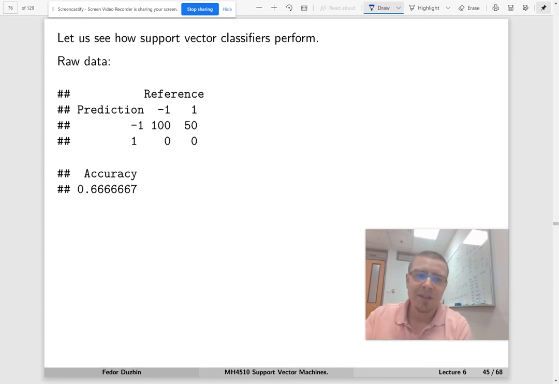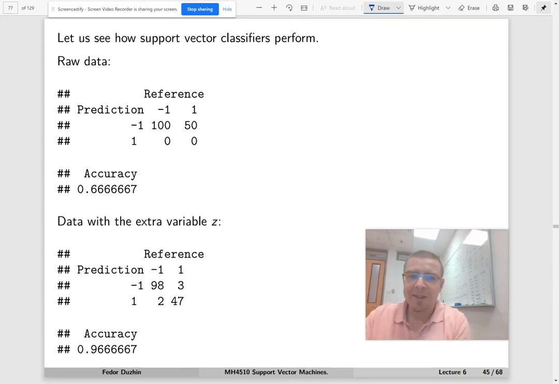Everything is predicted to be -1. But with this extra variable z that I just cooked up myself, by the way, I didn't really fit anything, I just looked at the data and came up with this idea to introduce this third variable, the accuracy is now very impressive. It's 97%.